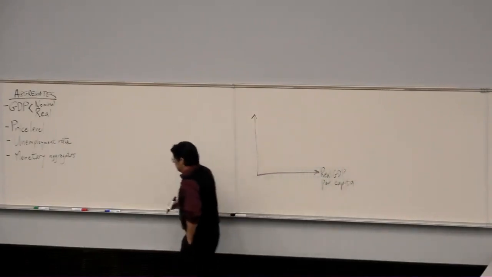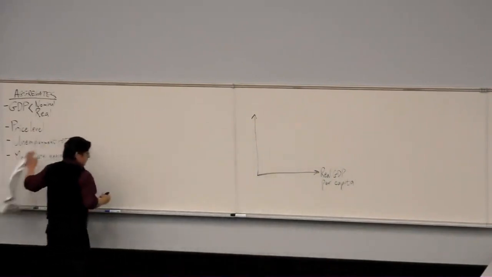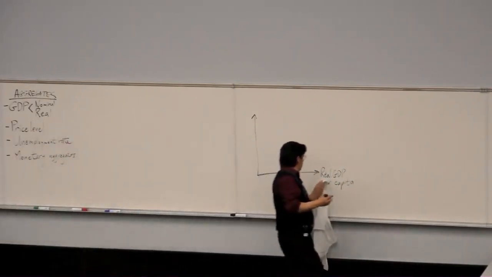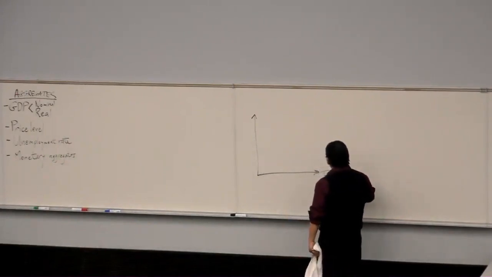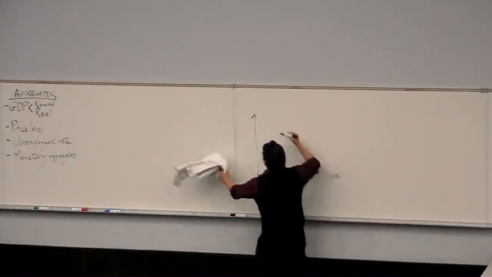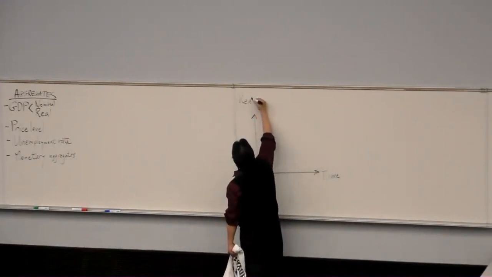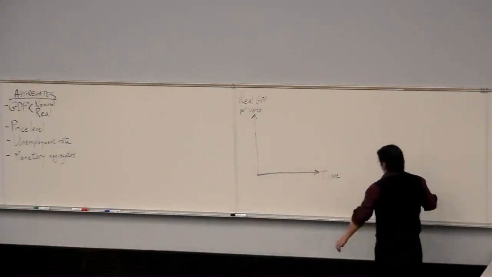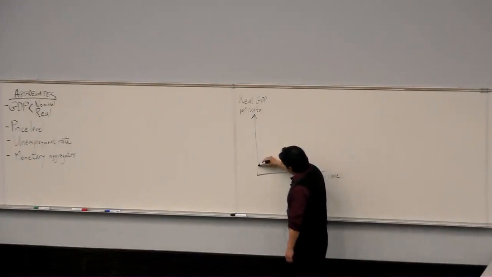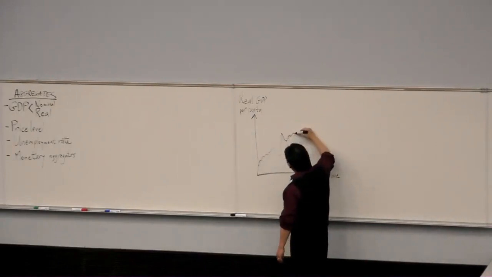Actually, I've written this wrong, because if I want to track something over time, we'll always have time over here. And you'll remember that if you look at real GDP over time in most places, you end up with a graph that looks something like this.